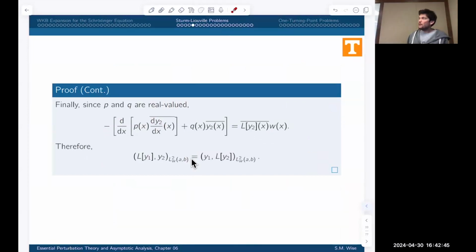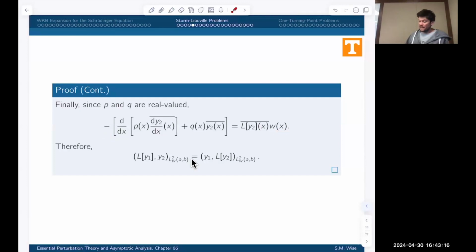Now, P and Q and all that are real valued. So I can argue that this whole term that appears here is really just the complex conjugate of the whole operator applied to y2. I've reintroduced 1 over w in the introduction of this operator L here, and so to compensate, because there's no w over here, I have to multiply by w.